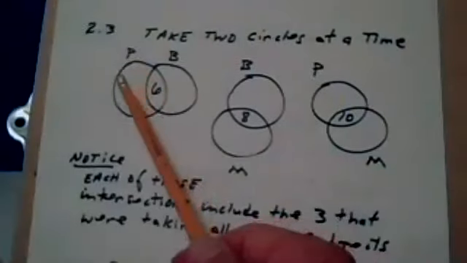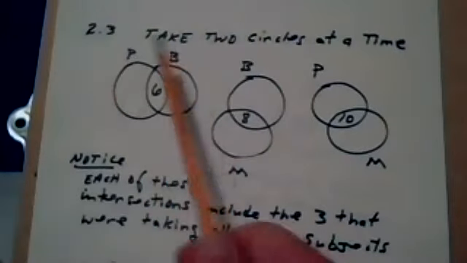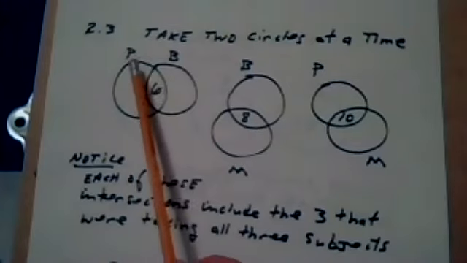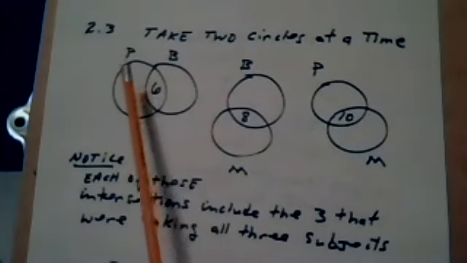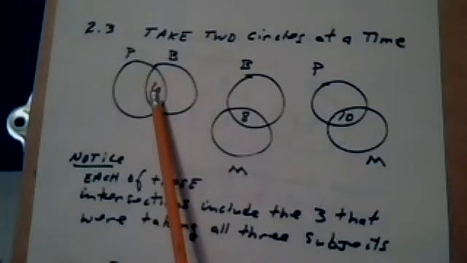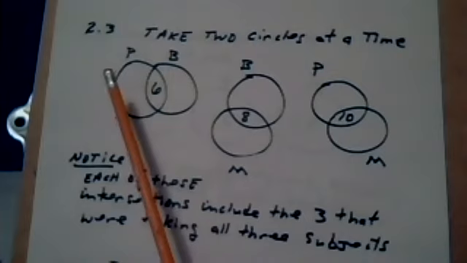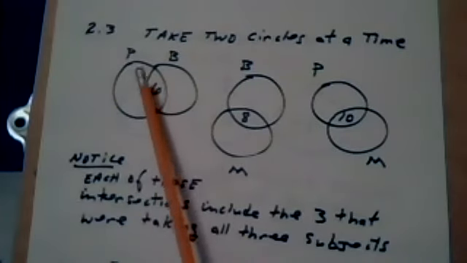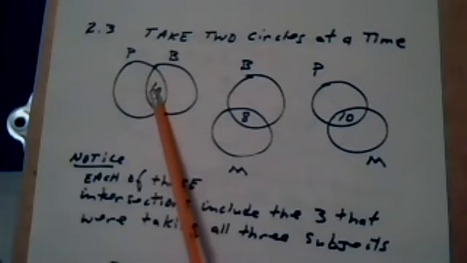Now take two circles at a time. For example, take the biology and the physics. And if you look at the original list, it said that there were 6 taking physics and biology. There's 6. Now, remember the intersection had a 5? The 5 is in there.